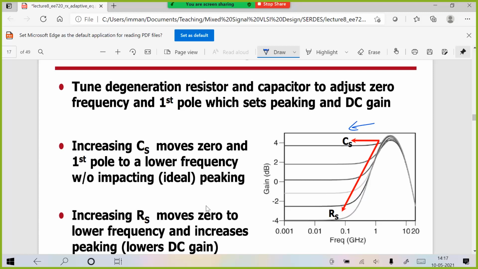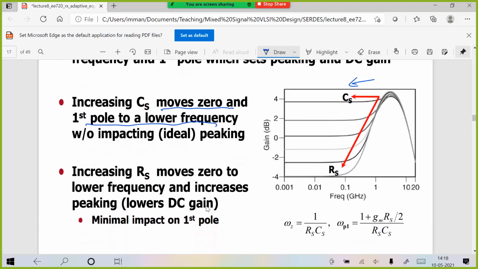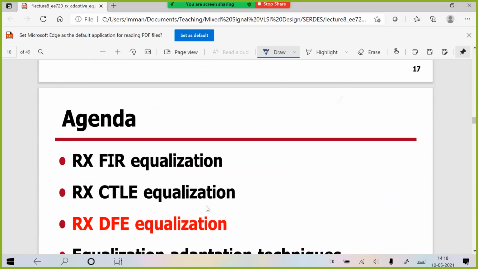Increasing CS moves the zero and the first pole to a lower frequency. Both of them get moved out to a lower frequency. Whereas increasing RS moves the zero to a lower frequency and increases peaking, which you can see here, right? So by changing RS, the zero moves lower and the peaking gain increases. Right? So this is how you design.